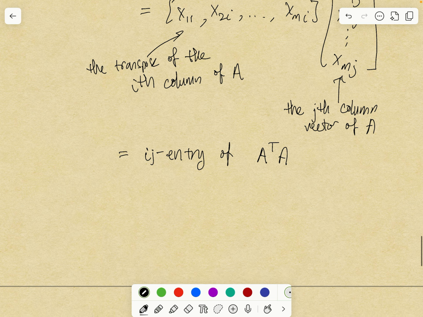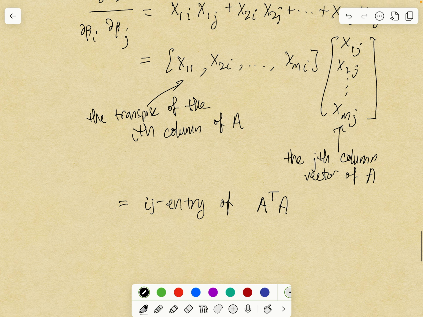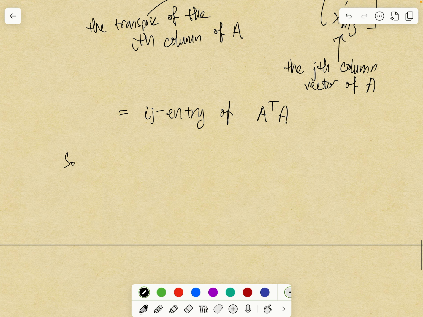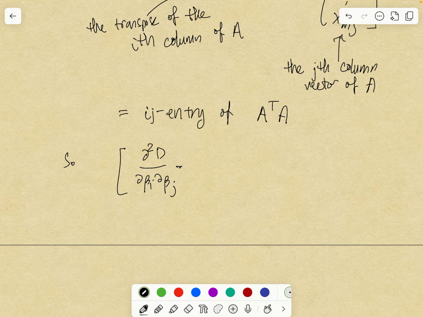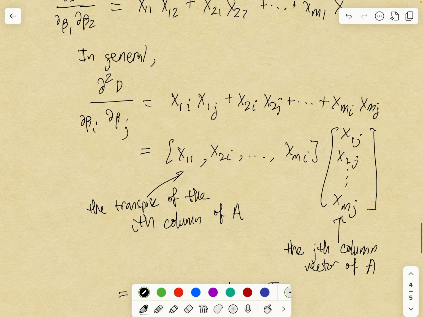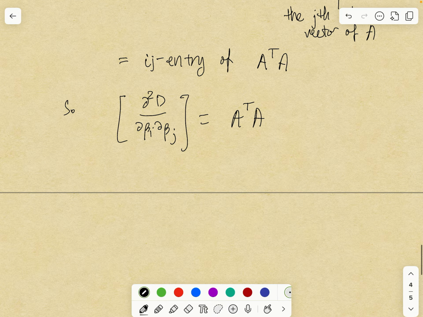So to get the ij entry, you take the ith row of A transpose and multiply by the jth column of A. So that's what I'm doing here. And so that means that the second partial derivative matrix is just equal to A transpose A. Okay, it's just A transpose A.